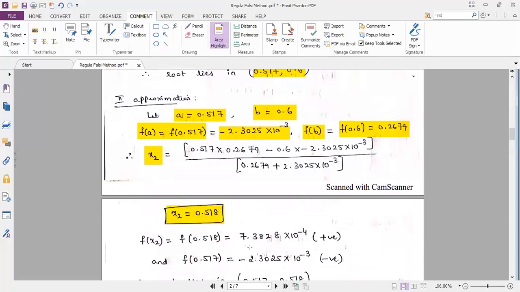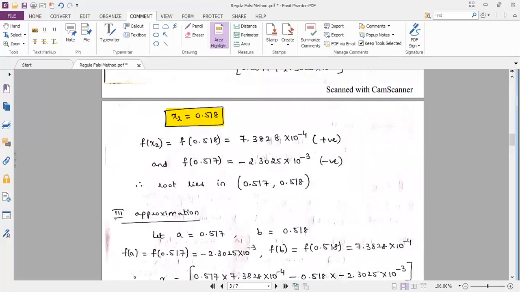Again, we obtain f of x2 to check where the root lies. F of x2 is equal to f of 0.518. So f function is the given equation. Substituting in the given equation, we get f of 0.518 as 7.3828 into 10 power minus 4, which is a positive value.